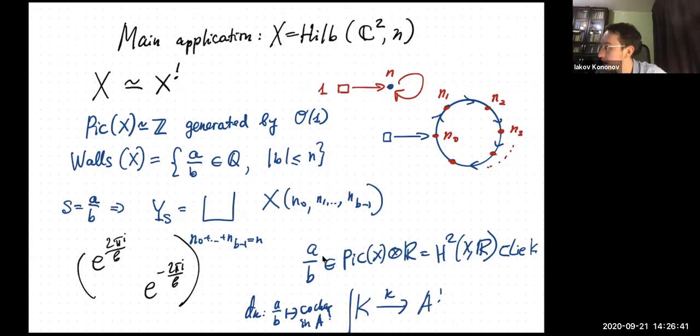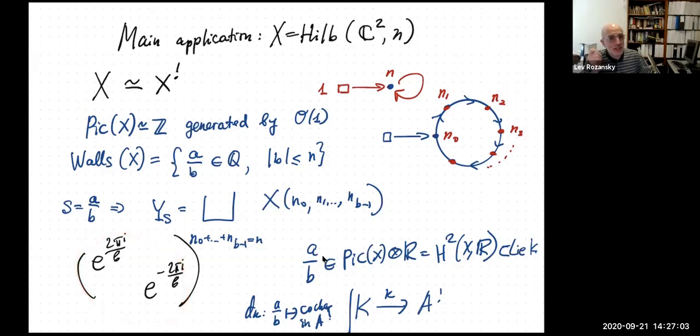The characters are exactly these B vertices. Here we have the trivial character and so on. And the maps X and Y, multiplication by X and Y, can increase or decrease the character modulo B because of this action.